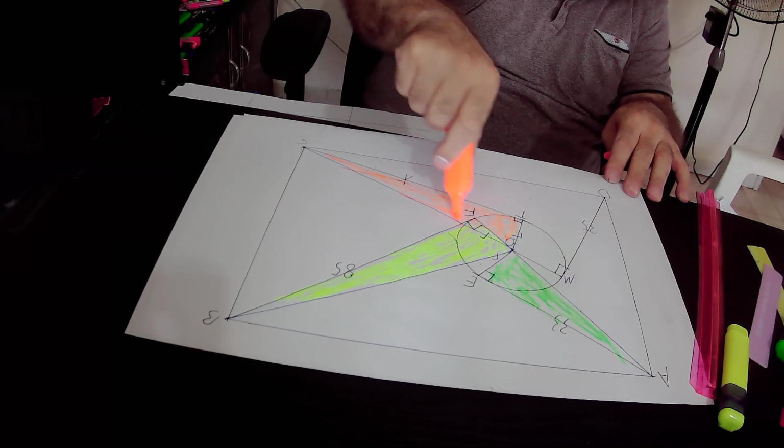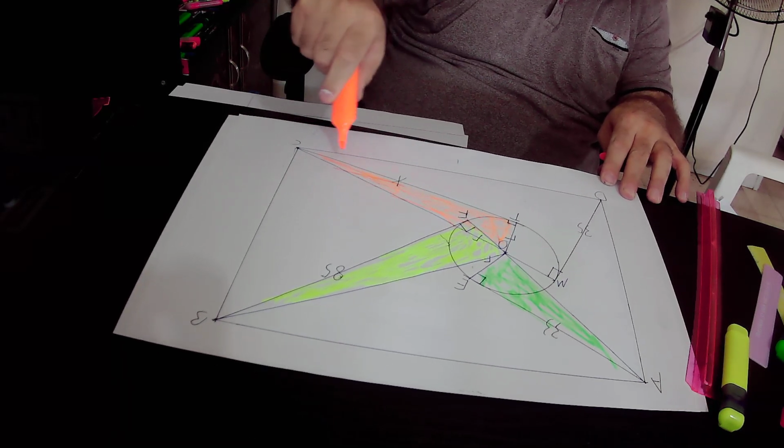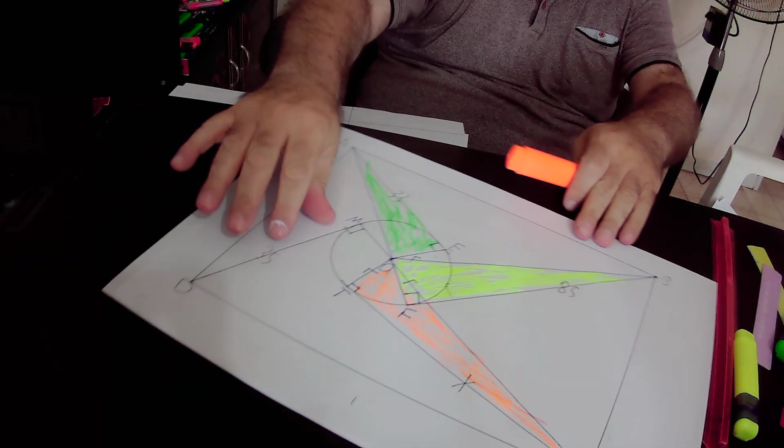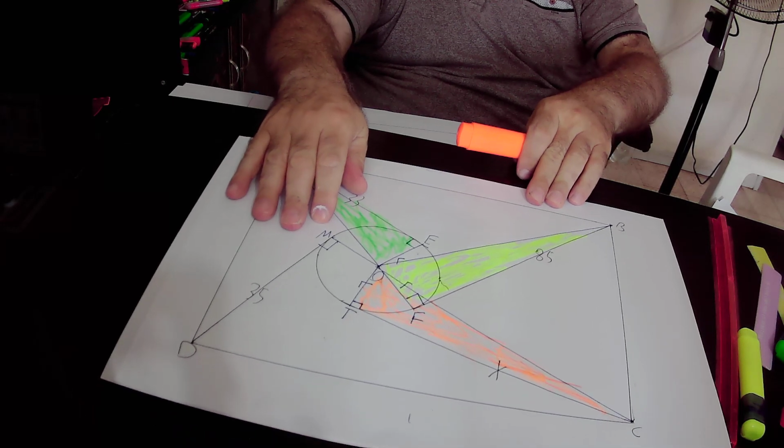I'll repeat again: we will implement the Pythagoras theorem on the right orange triangle, triangle OTC.